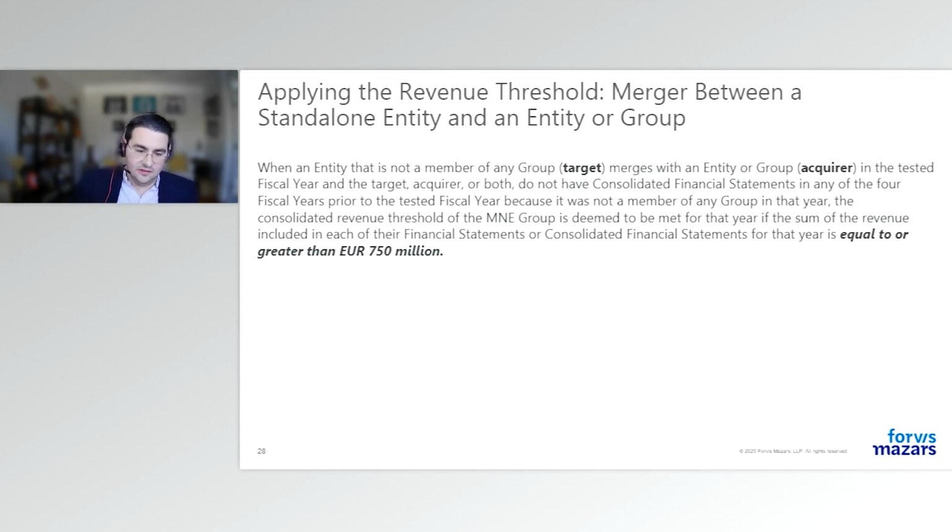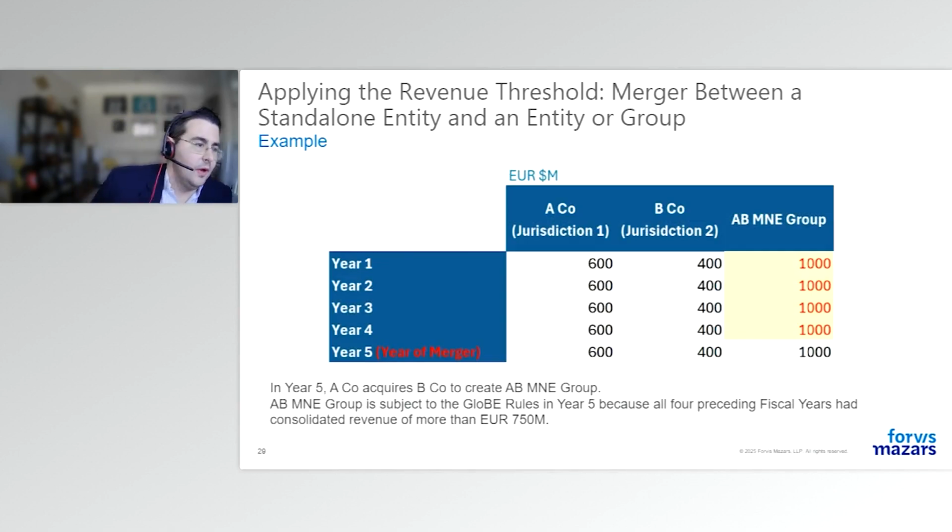So let's do another quick example here to parse through that. Here we have group A-co and B-co, all in 2 different jurisdictions, right? Let's say one of those jurisdictions is in Pillar 2, because that's an assumption here. Let's say in year 5, A-co buys B-co and creates what we're calling the A-B M&E group.